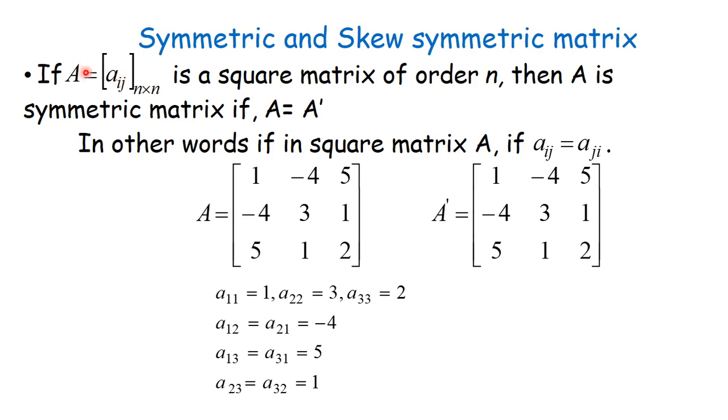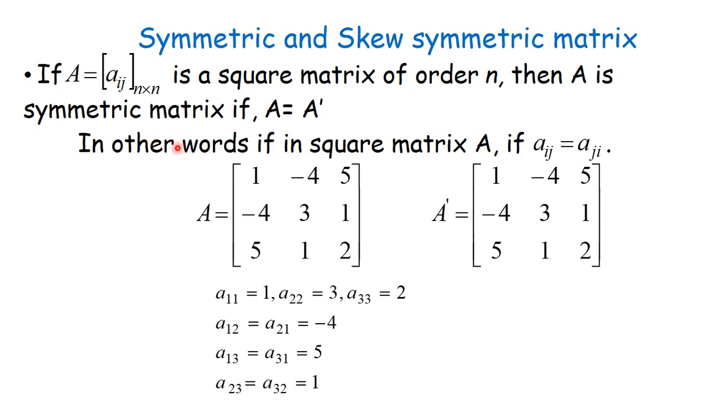Then that matrix A is said to be symmetric matrix if A is equal to A dash. That means if I take the transpose of our matrix A, that transpose again it will be equal to our matrix A, then that matrix A is said to be a symmetric matrix.